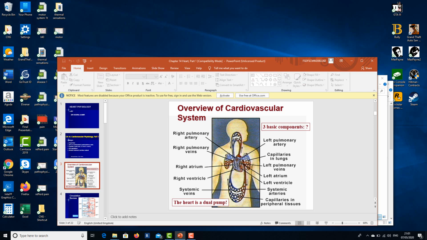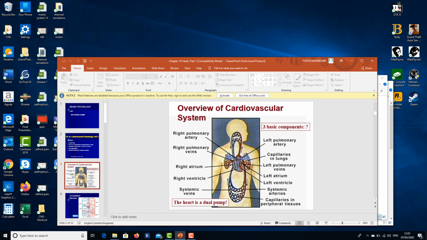So whenever there is a pump system, we should know that three basic components are there. The first is the heart, the basic pump, that is forcing whatever comes to it, and that is the blood.